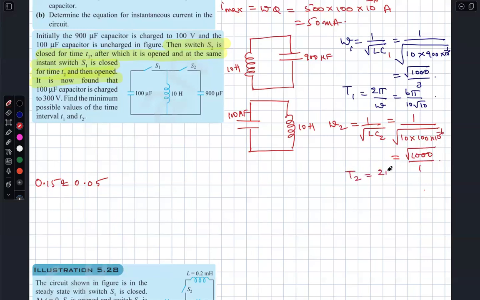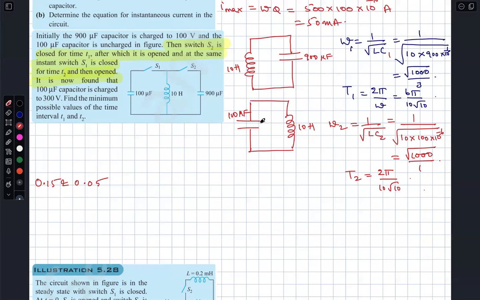T2 is 2 pi by 10 root 10, because 1000 can be written as 10 root 10. Right?